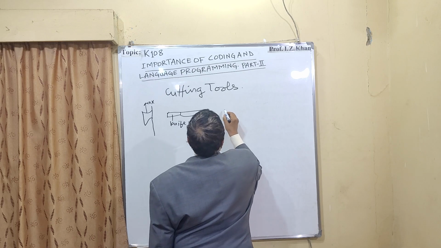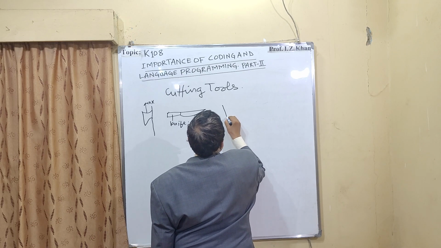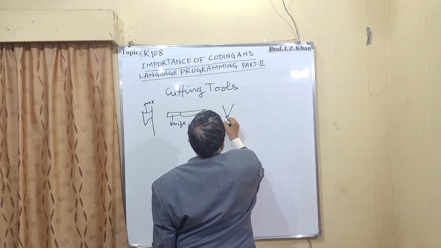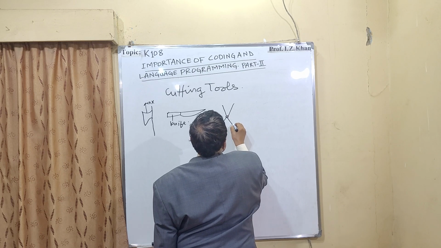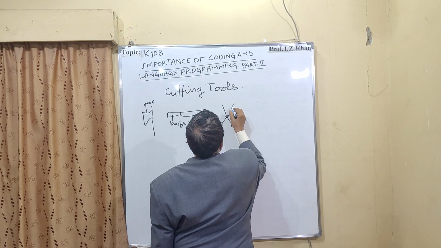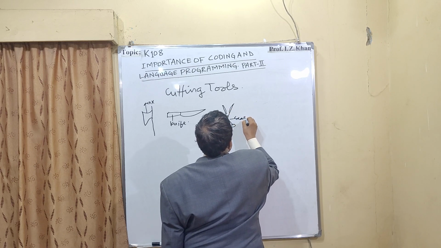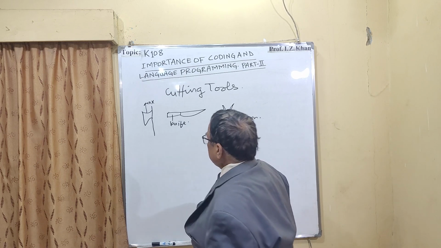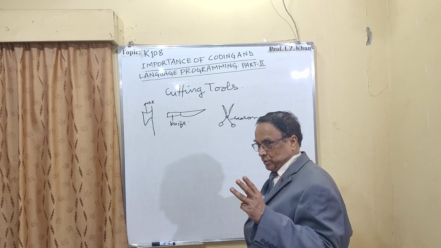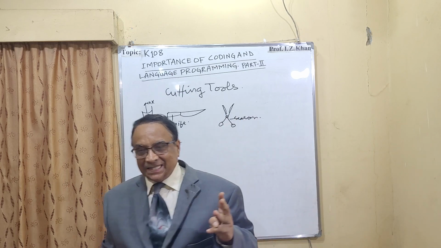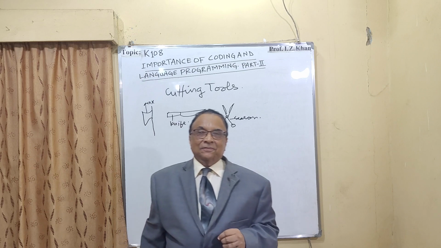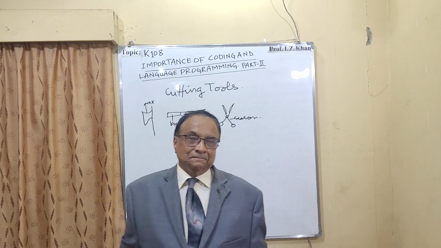And third one is a scissor. We have three cutting tools. One is an axe, the other one is a knife, and the third one is a scissor.